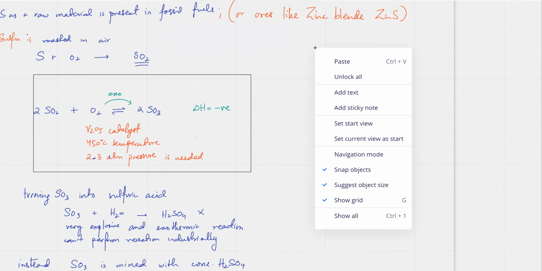Anyway, so this one, we've got to justify these conditions.